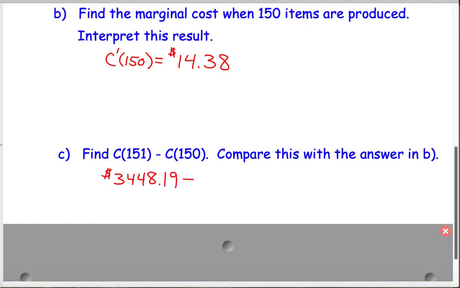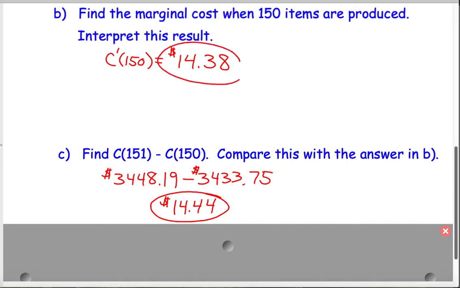And then C(150) is $3,433.75. And so the difference between those winds up being $14.44. Which is pretty close to that estimate we got using C'.